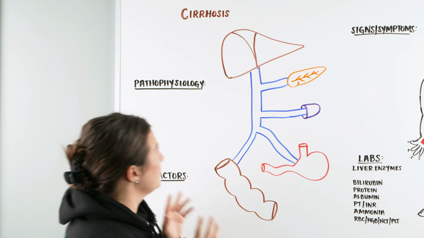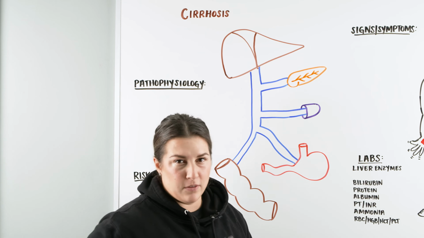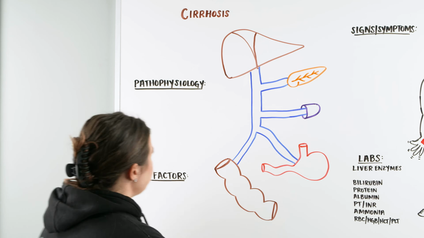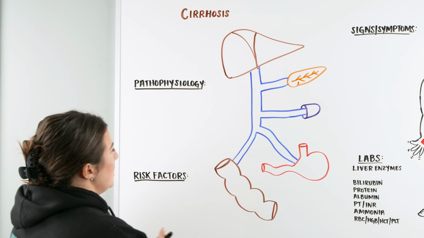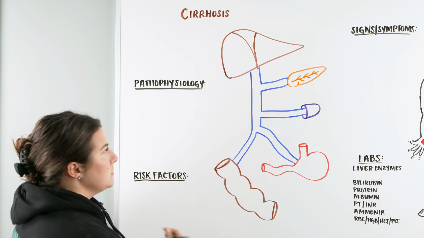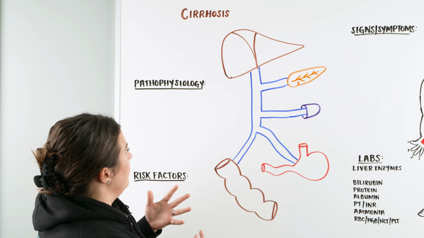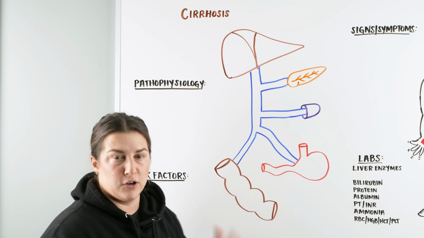So when we focus on cirrhosis, we're focusing on the liver, right? The liver is located in the right upper quadrant of our abdomen, and we need to talk about its function. First, what is cirrhosis specifically? Cirrhosis is a fibrotic decrease in the ability of the liver to function properly.